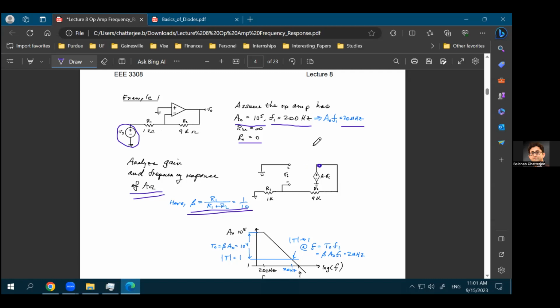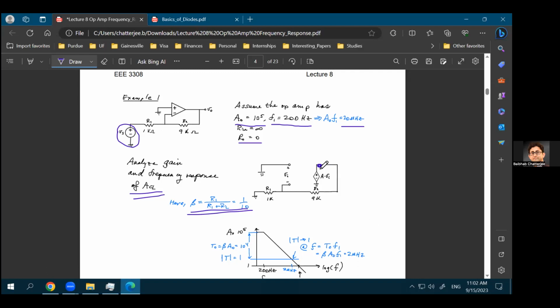This is an ideal op amp with a pole magically coming from somewhere. But it does not come out magically. It is because it's a non-ideal op amp, but we don't want to make the problem much more difficult at this stage. So let's assume that the op amp is ideal, but it has a pole. In reality, the pole will come because the op amp is non-ideal.